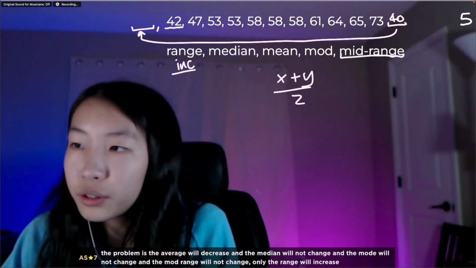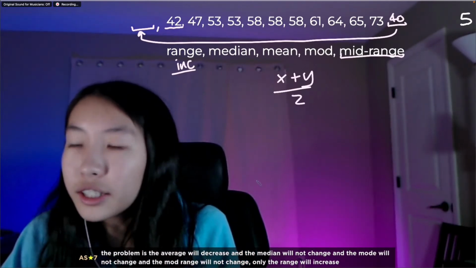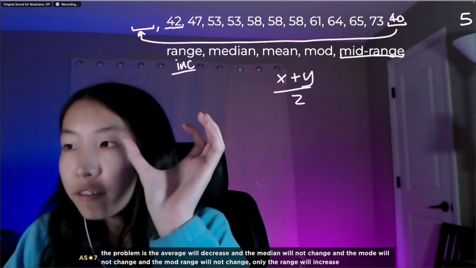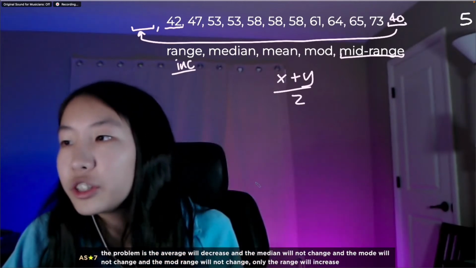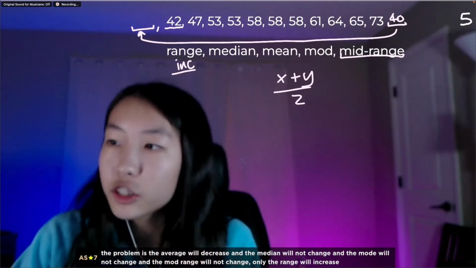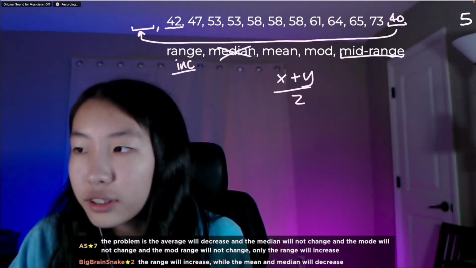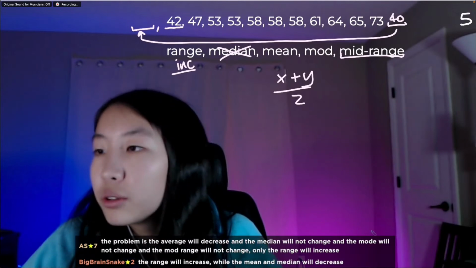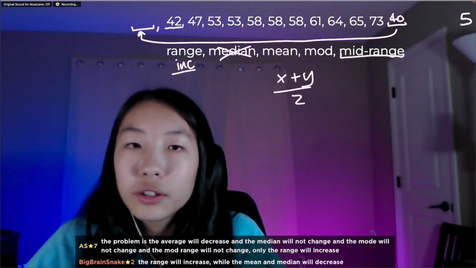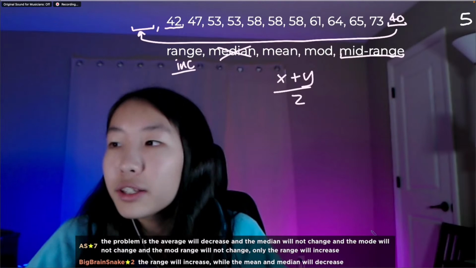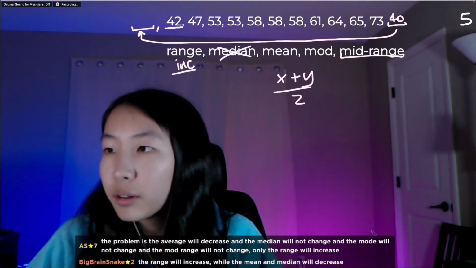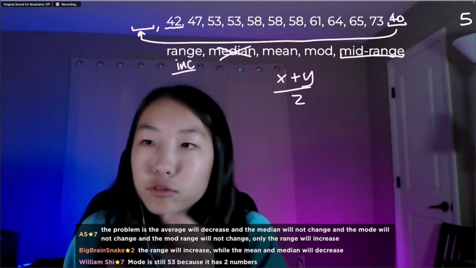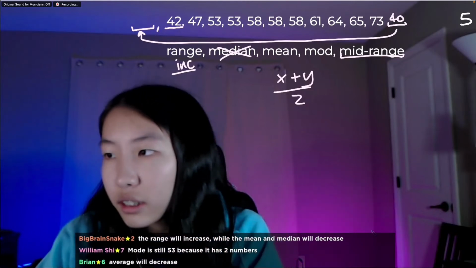If we add a smaller number to the set, that's going to give us more to the left, which means that the median is going to be shifting to the left or getting smaller. So that's not going to increase. Similarly for the mean, you're adding a smaller number in. Because all the other numbers were already greater than 40, the mean was already greater by a lot more. But if we add the 40 in, that's going to decrease it.